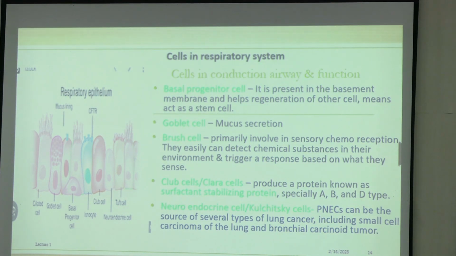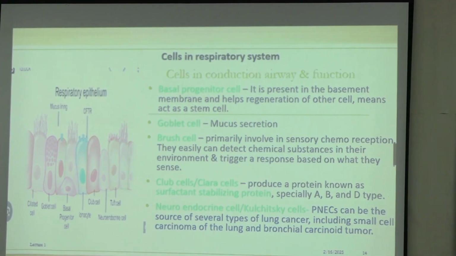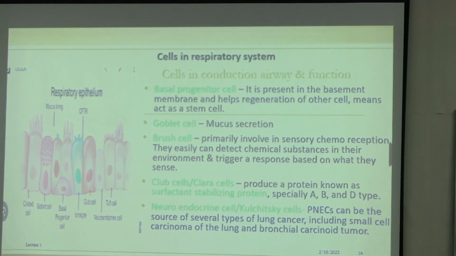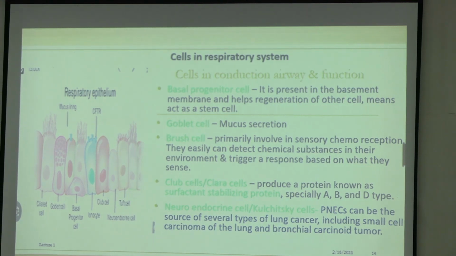There are various types of surfactant proteins. In this particular case, the most important types of surfactant proteins found are the A, B and D types of surfactant protein. I'll discuss the role of surfactant in the respiratory system.